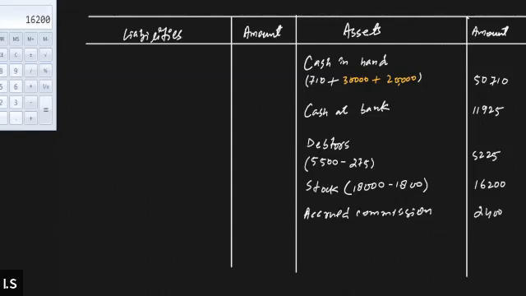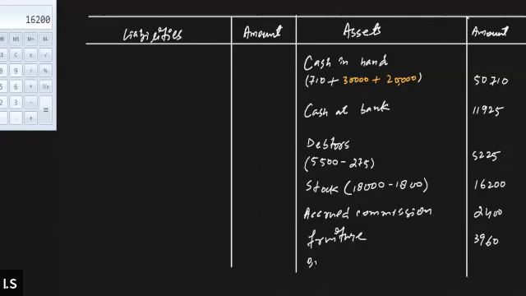And also tell me the value of the furniture. 3,960. Furniture is 3,960. Yes, sir. Okay, 3,960.